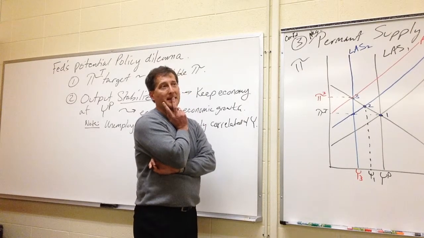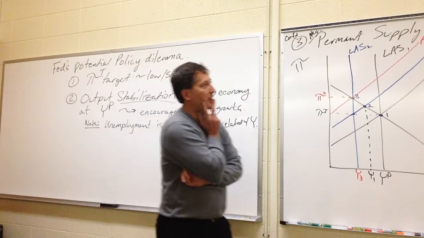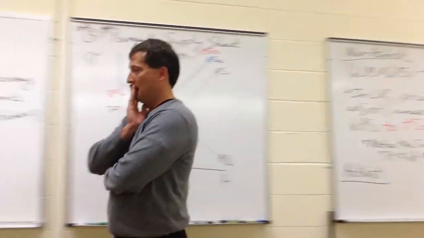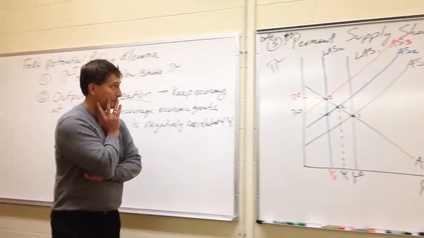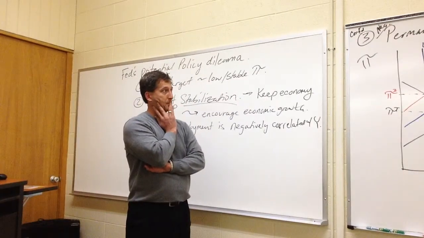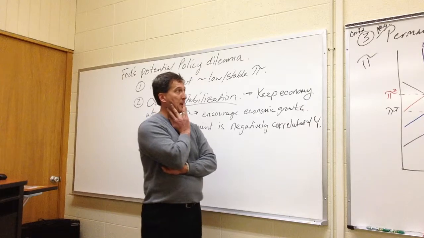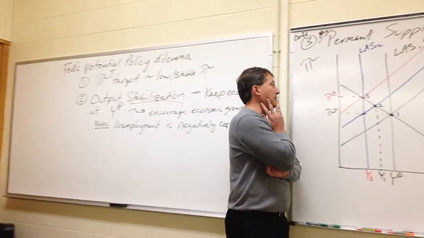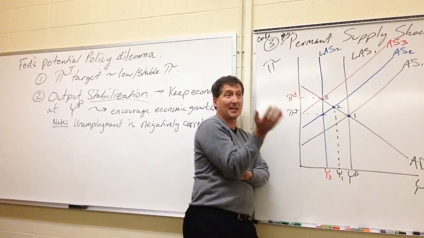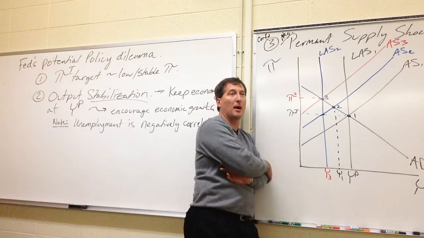Is there any policy that leaves us in a better situation compared to the non-activist approach? Yeah, and that's not one of the policies, but you're right, that's what our real problem is.